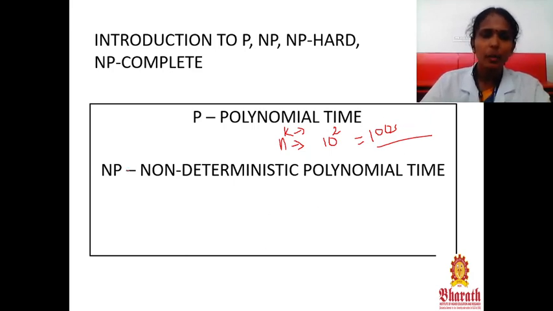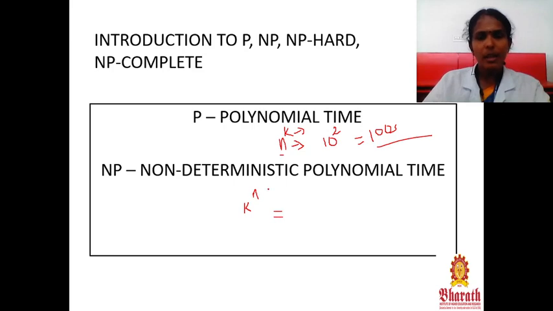Coming to non-deterministic polynomial time, it is exponential time. It may be k power n, where k is a constant and n is the number of inputs. Even if n ranges to 1000, we can identify the time complexity in polynomial time. Whereas in non-deterministic polynomial time it is k power n.